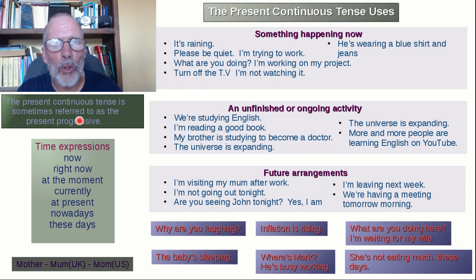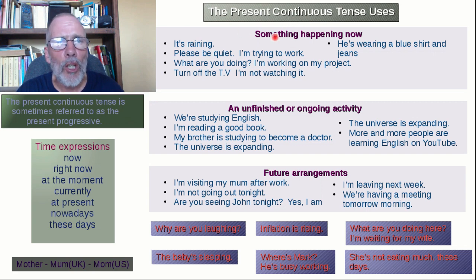Some grammar books describe all the continuous tenses, and there are 6 continuous tenses in English, as progressive tenses. In some languages there are continuous and progressive tenses, but in English it's the same. The continuous and the progressive is exactly the same thing, just that some grammar books describe this tense as the progressive. So don't get confused. Here in my course, I'm using the word continuous.